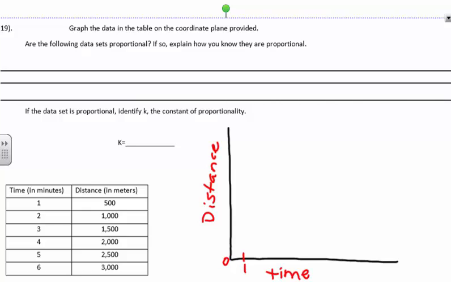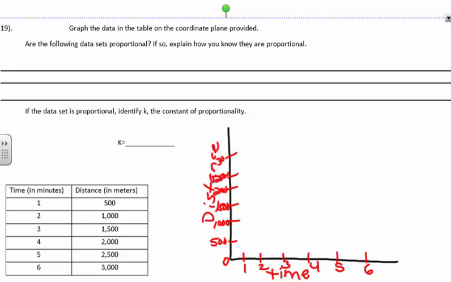All right. So now I can write the origin here. Then I have 1, 2, 3, 4, 5, and 6. And on our y-axis, we're going to go in increments of 500. So it's going to be 500, 1,000, 1,500, 2,000, 2,500, 3,000.